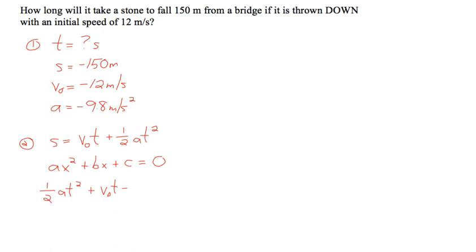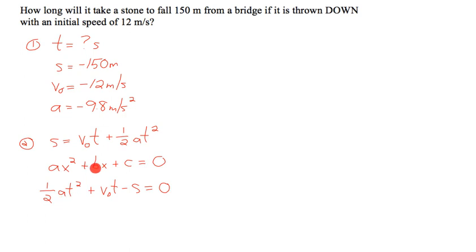So now all the three terms are on the same side, so the other side equals 0. Does everyone follow that so far? Now, since I can match things up here, I know that my A is going to equal 1/2 the acceleration. Now that A is not the same thing as that A. So I'm not saying that A equals 1/2 A. I'm saying that the generic A, which is the coefficient of my second degree term, is equal to 1/2 the acceleration.